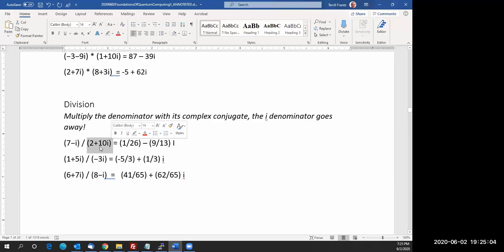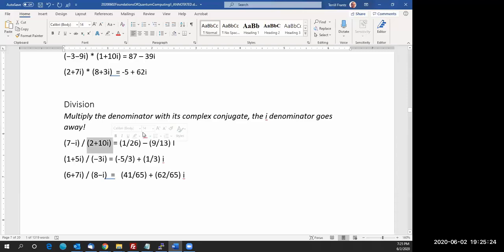You want to get the complex number out of the denominator. Recall, this is the numerator, this is the denominator. And how do you get the complex number out of the denominator? Well, you essentially multiply the number times its conjugate.